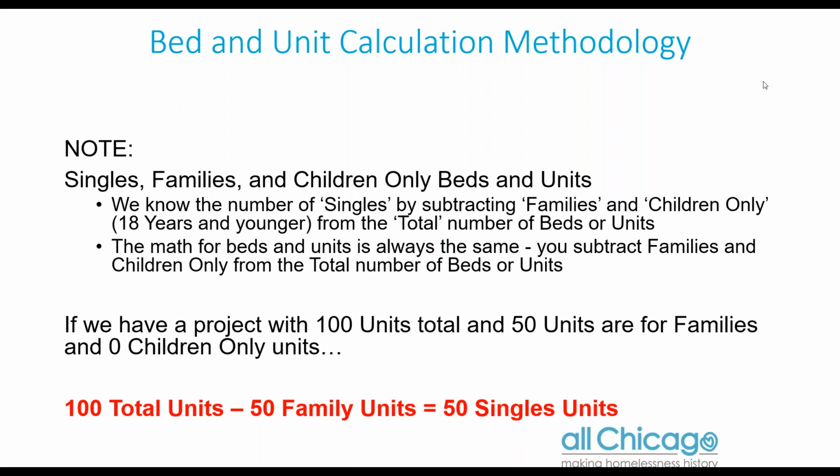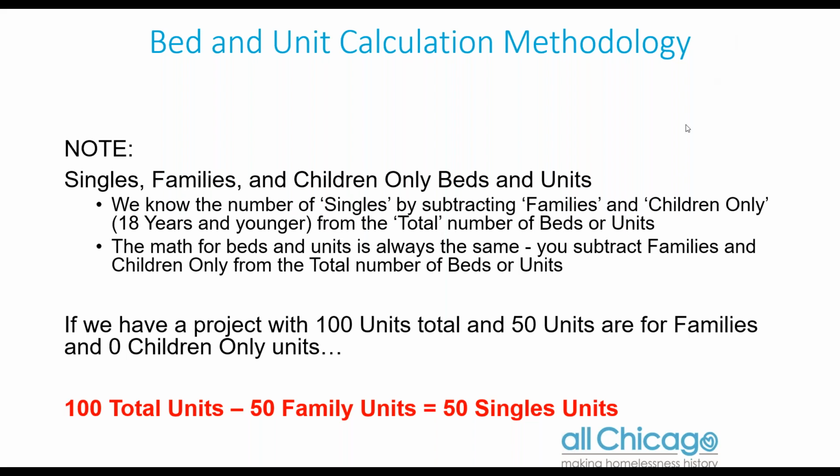And when we're talking about children, we really are only focusing on 18 years and younger for these inventory questions. Now, all three of those populations or groups put together is a total of something, whether that's beds or units.